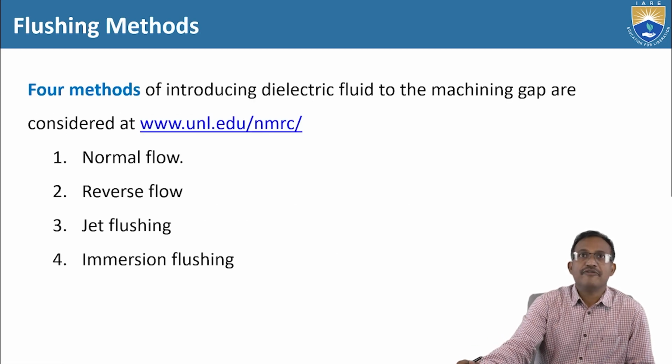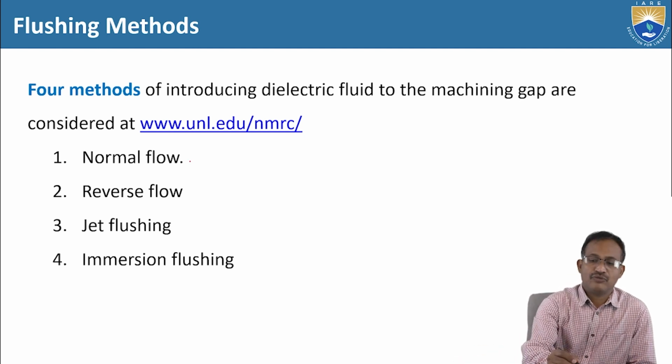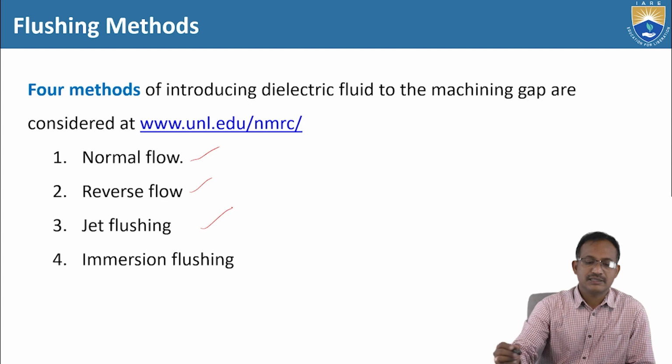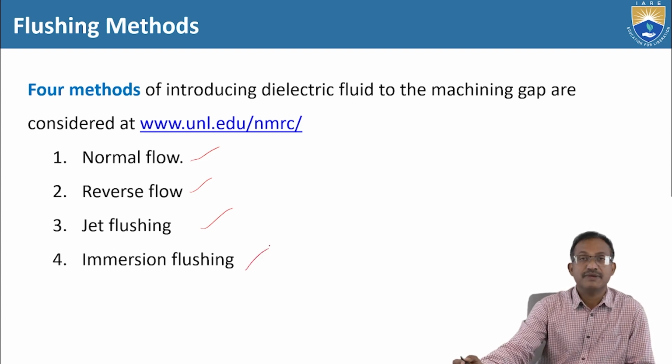Let us see the various methods of flushing. There are four methods of flushing. First one is normal flow. Second one is reverse flow. Third one is jet flushing. Fourth one is immersion flushing.